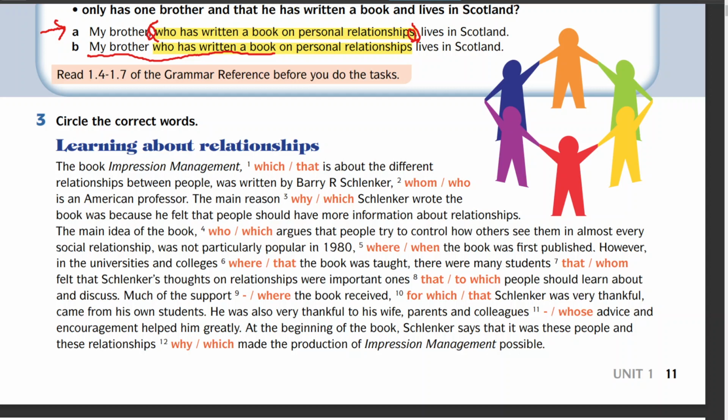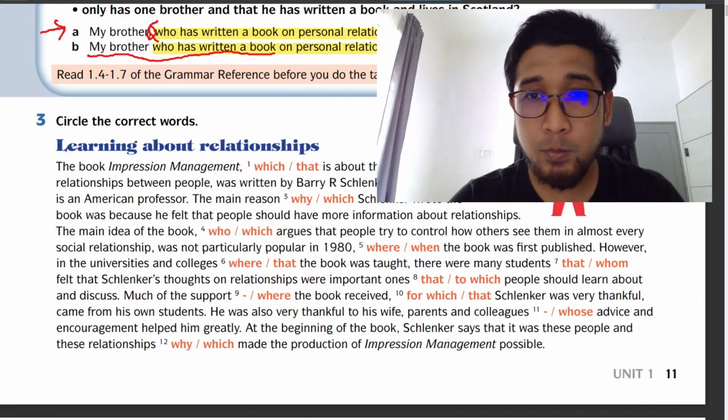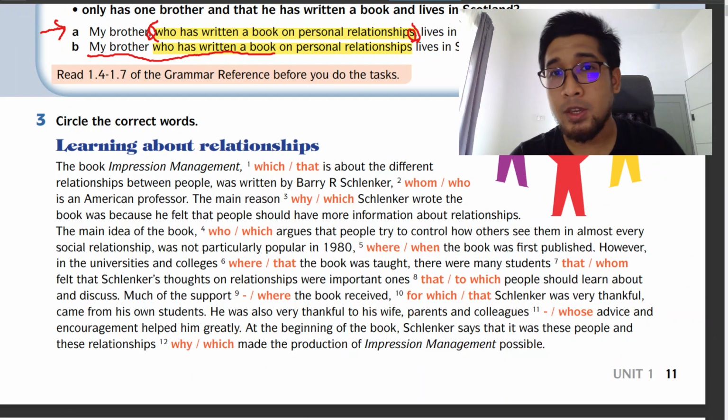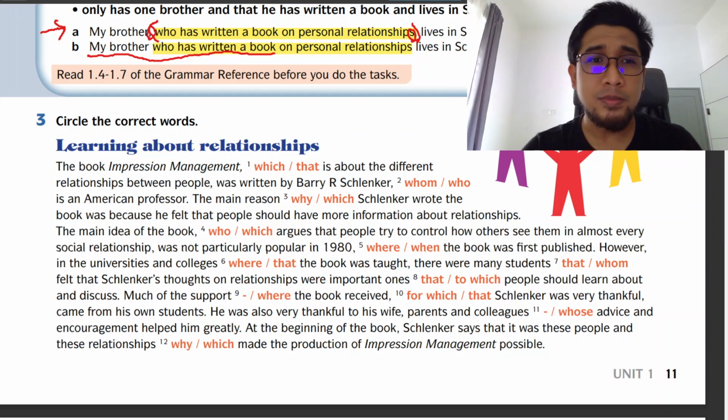So I'm going to give you some time to do this, then hit the pause button and come back to check the answers. Now hit the pause button. Okay, I can finally put my face on here. Sebab tadi ada banyak sangat teks tak muat nak isi.